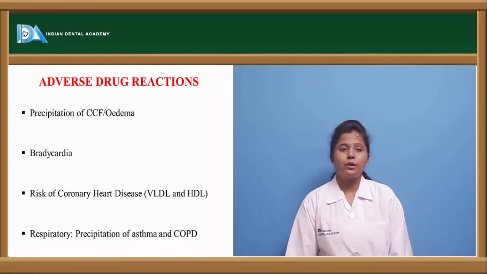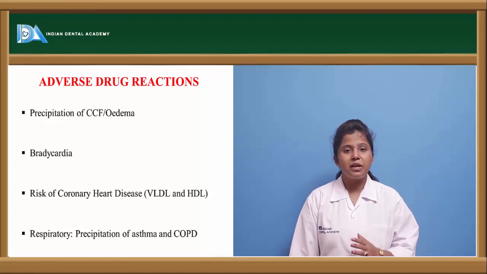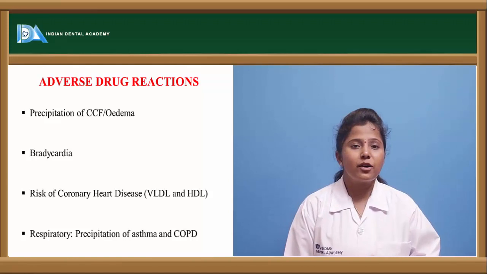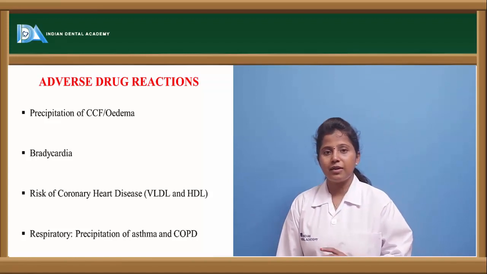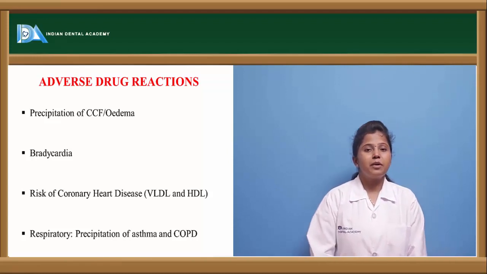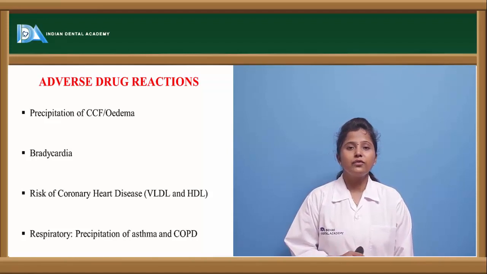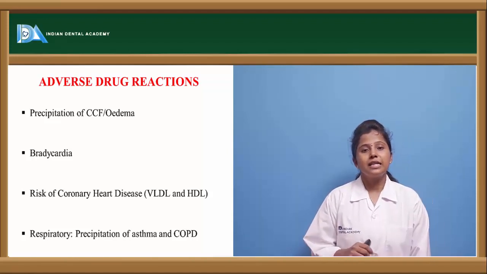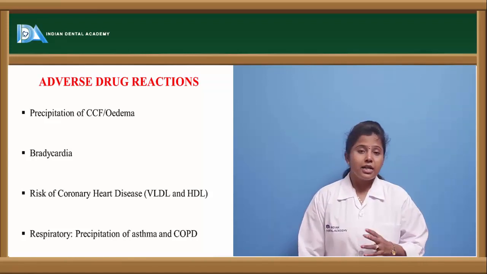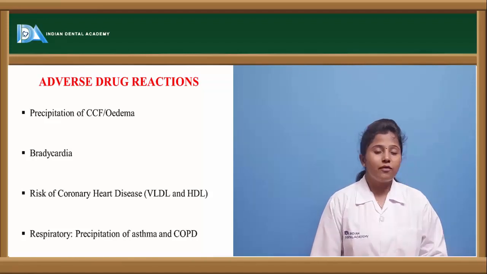What are the adverse drug reactions? When propranolol is given in excessive dose, it may lead to congestive cardiac failure, congestive heart failure, and it may cause bradycardia. There will be abnormal force of contraction of the heart, and it may cause coronary heart disease, or we can say blockage of the coronary arteries because of the deposition of cholesterol. The LDLs and VLDLs, it causes stimulation of lipolysis, and there will be excessive formation of lipids in the body.